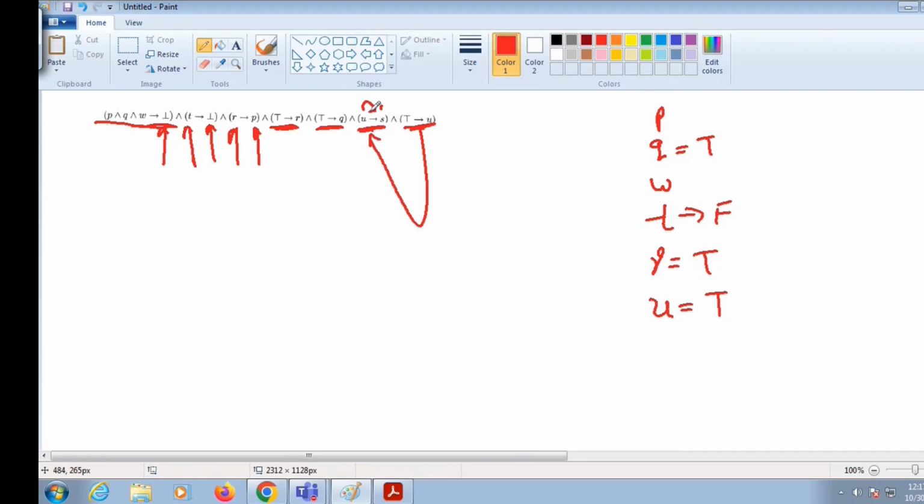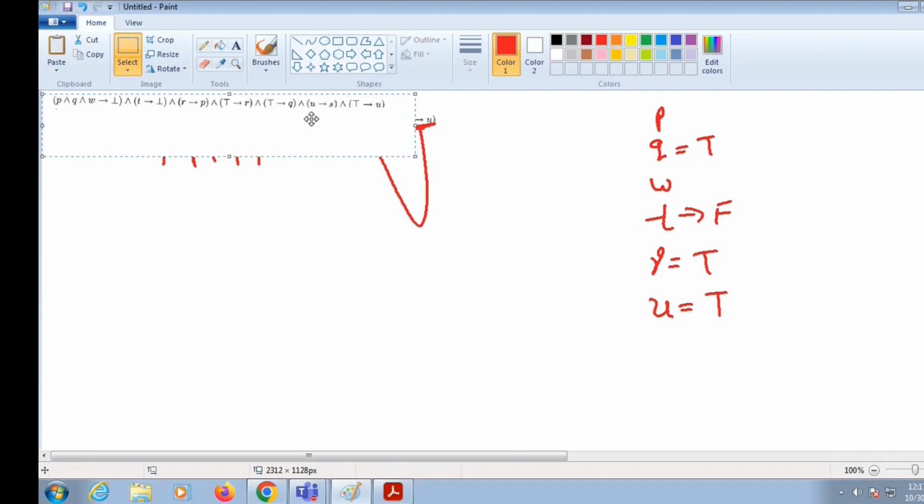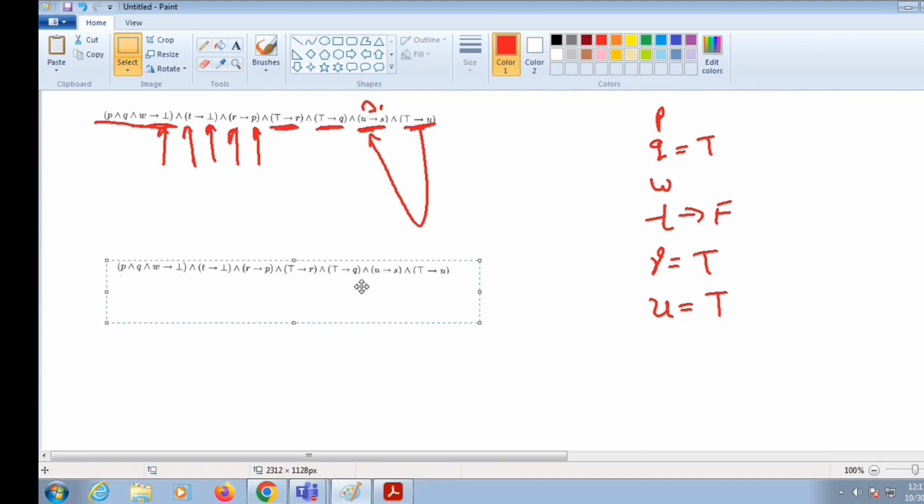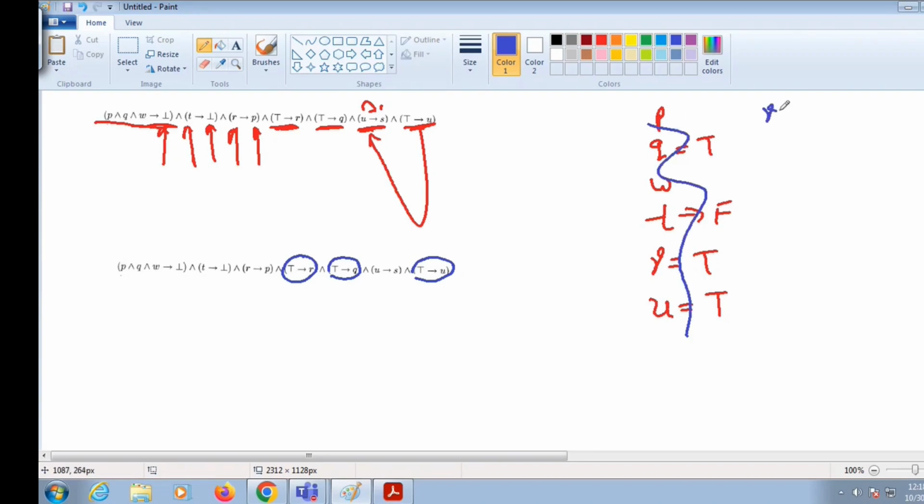Let me tell you once again. Initially I'm going to find out where the tautology is. This is tautology, this is tautology, this is tautology. So R and Q and U, they are true, because the tautology is going to provide that.